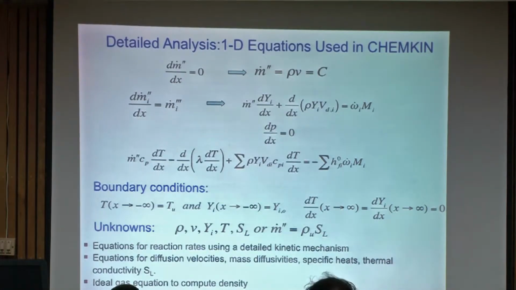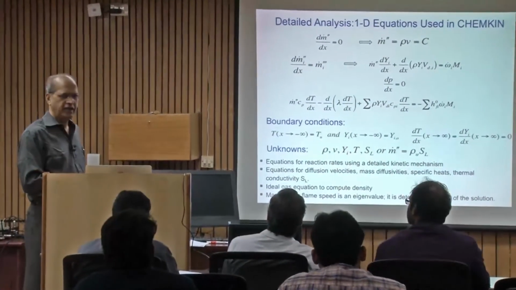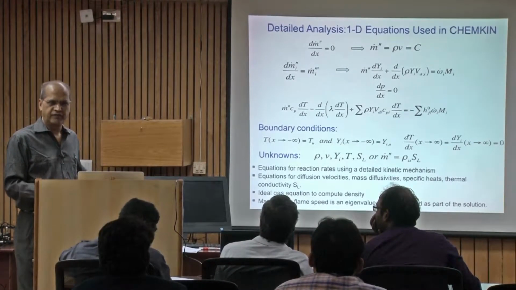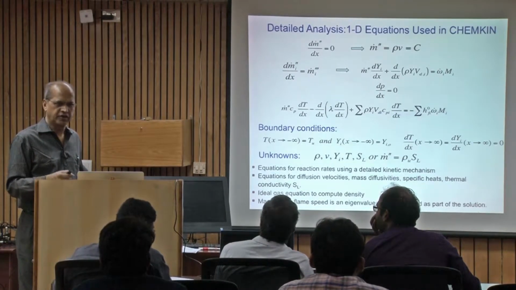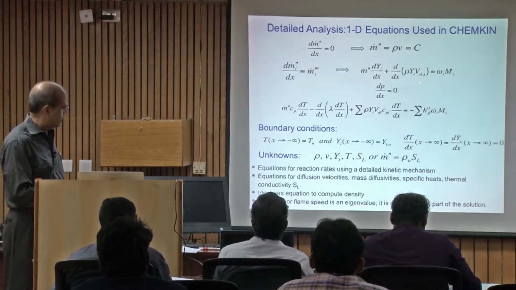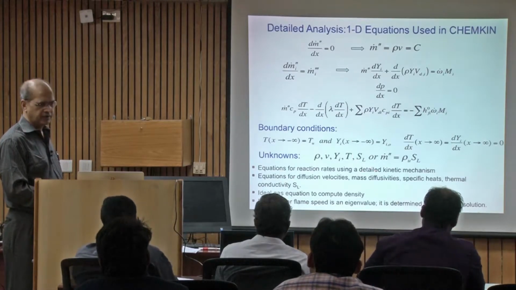That gives you the flame structure, because you can plot Yi, any species, in the flame: fuel, oxygen, nitrogen, then CO2. I'll show you some results. And you also get the flame speed.